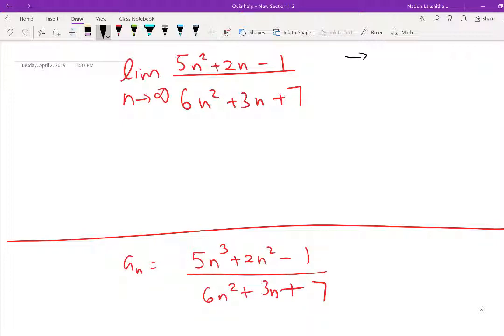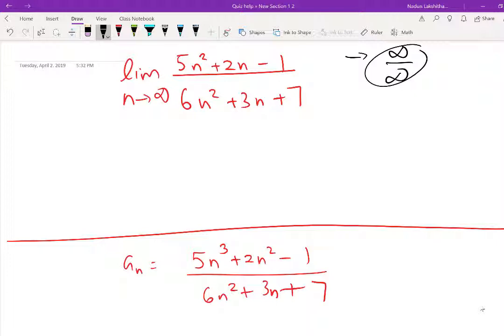That minus 1 doesn't even matter, right? So it's going to infinity. The denominator is also going to get huge, right? So you would think of this as infinity over infinity. But that's wrong. This is not defined, okay? So there's something wrong about the thought process.